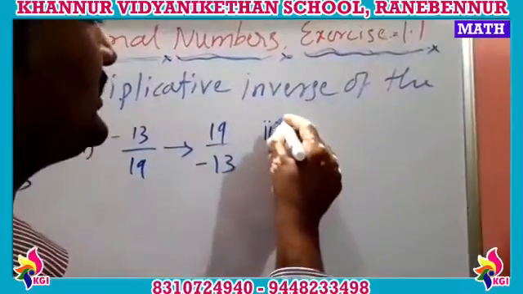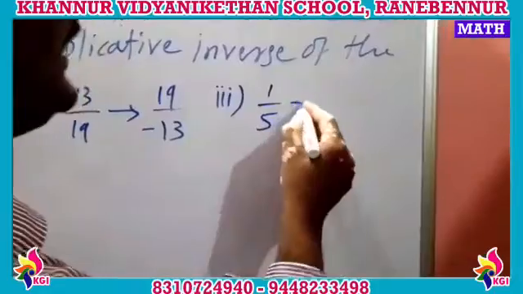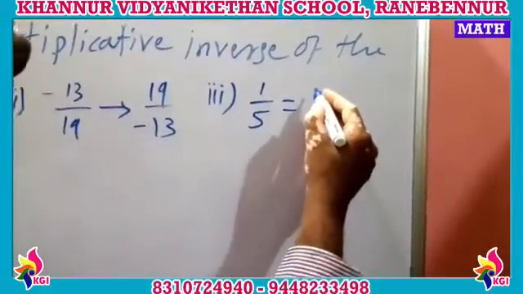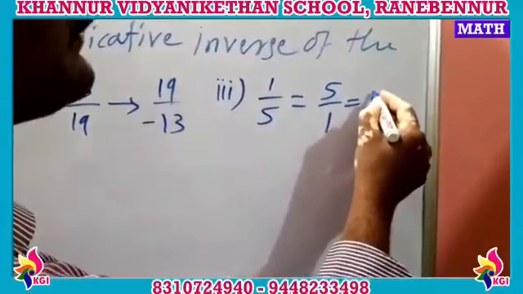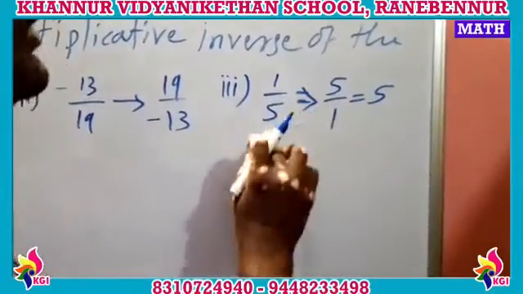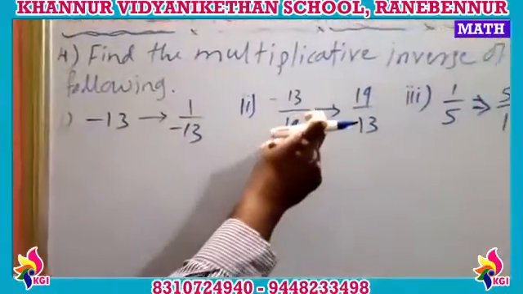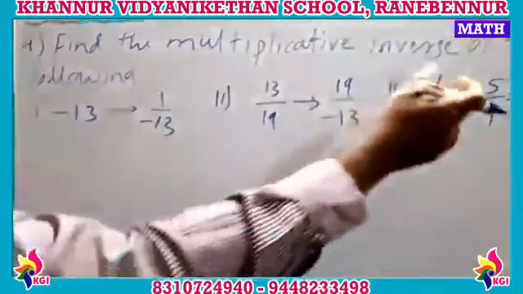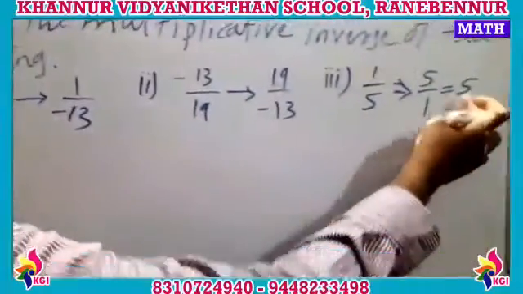What is the third question, children? The third question is 1 divided by 5. Its multiplicative inverse will be 5 divided by 1, that is 5. This should be an implies sign, because 1 by 5 is not equal to 5 by 1. You have to take care of that. Use an arrow mark or implies, don't put is equal to.